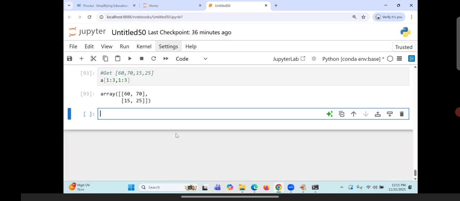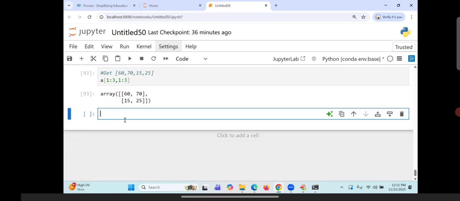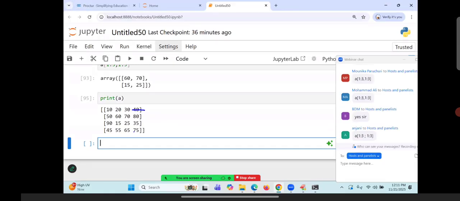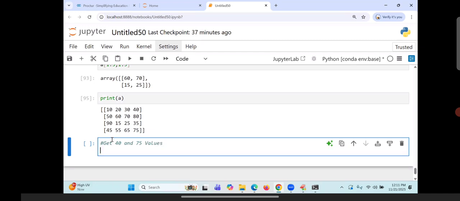Right. Good. So now I want to get it. Print of A, I will write it. I want to get 40 and 75. Get 40 and 75 values. Tell me. A of 3, 0 colon 4, comma... come on.